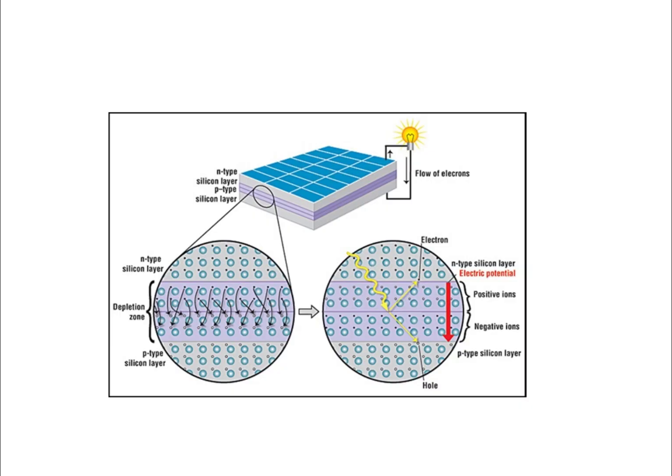And the difference between these two distances, where the hole ends up and the electron ends up, is the electrical potential. This electrical potential drives a current, a DC current, direct current, that flows through the wires at the back of the illustration, where you see the light bulb is being lit by the energy produced by the photons.